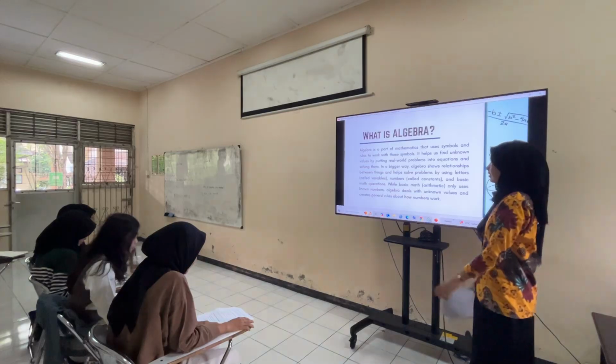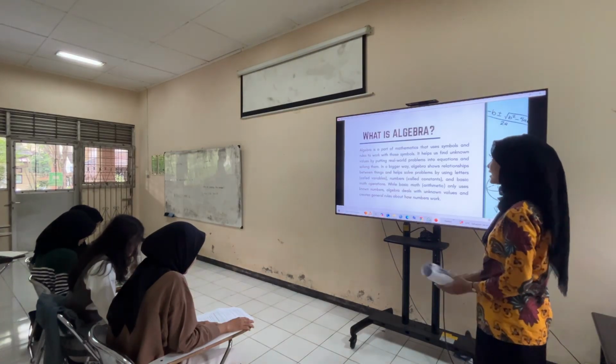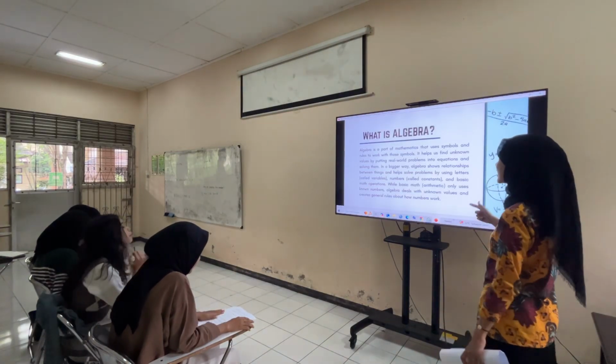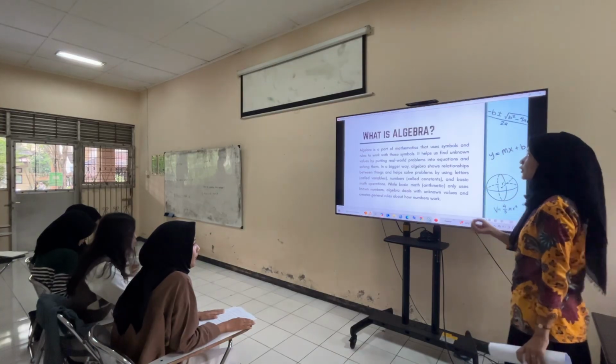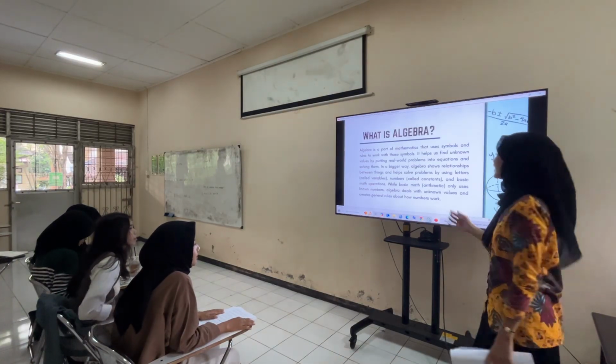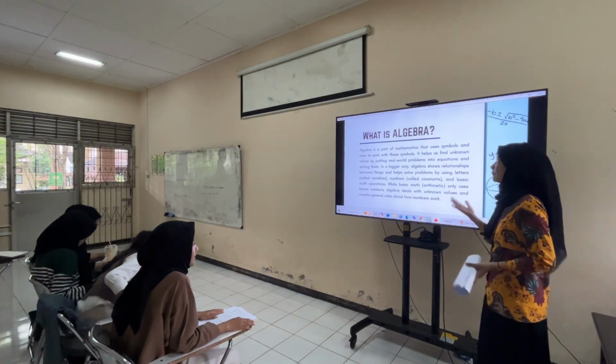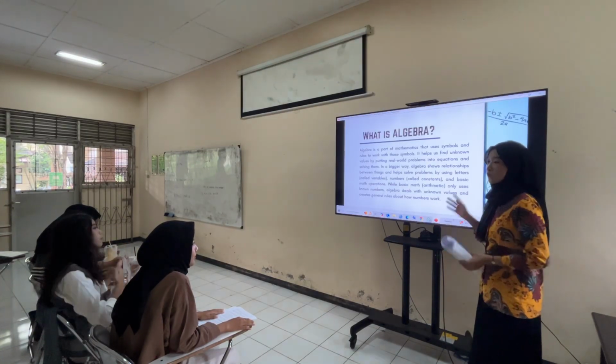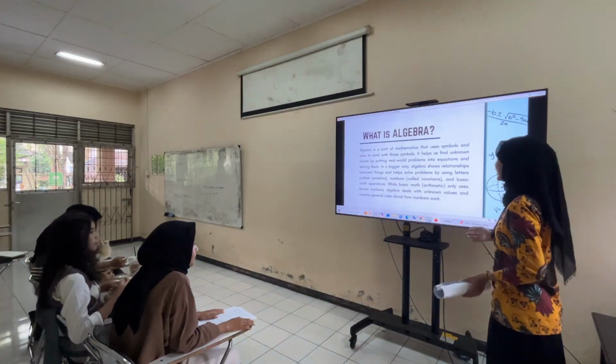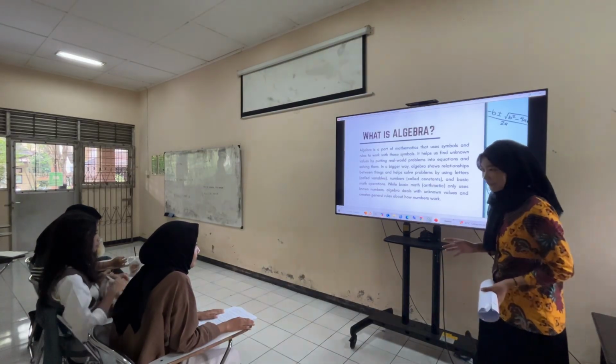So, what is algebra? Algebra is a part of mathematics that uses symbols and rules to work with those symbols. It helps us find unknown values by putting real world problems into equations and solving them.